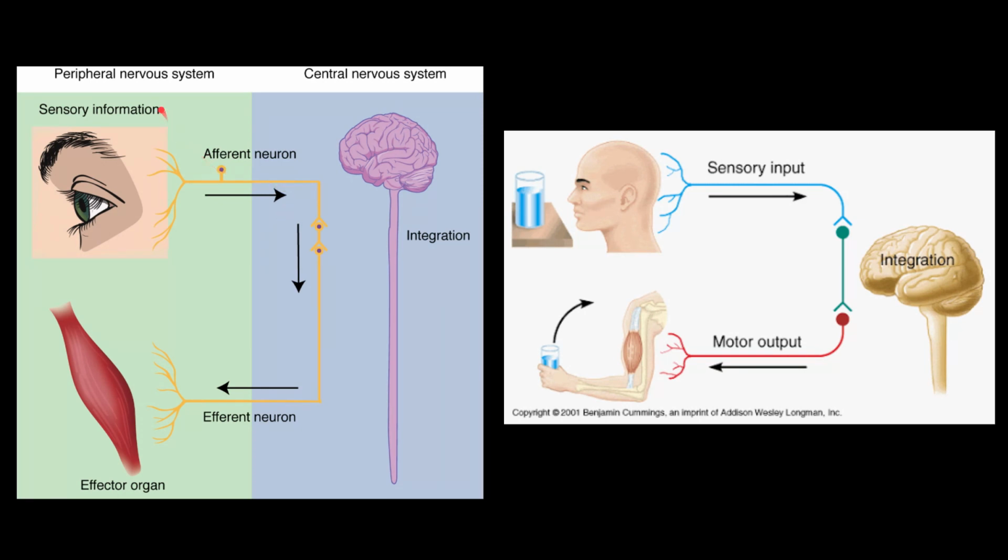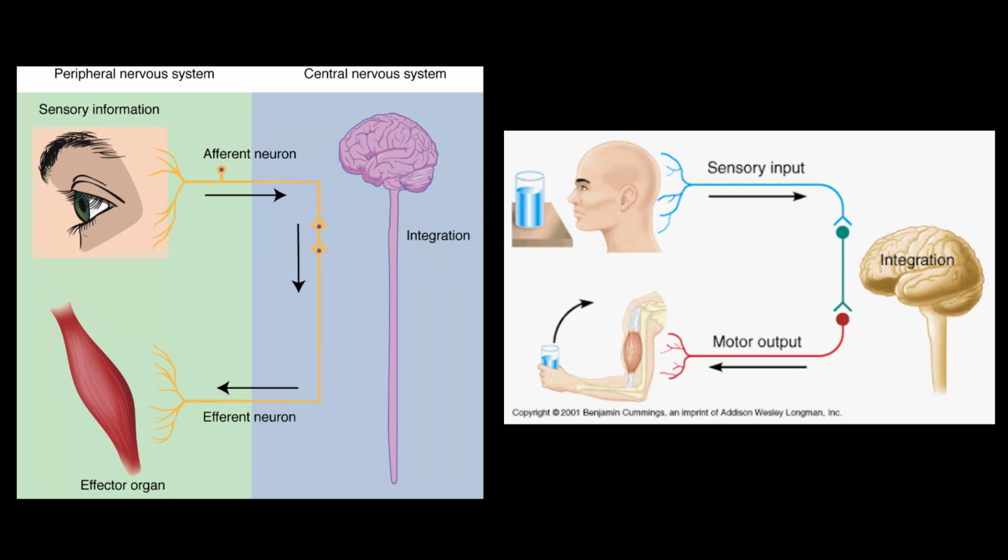So the peripheral nervous system has two main kinds of neurons. One kind of neuron is called a sensory neuron. So what does a sensory neuron do? It basically brings in information from the outside into the spinal cord and brain. For example, let's suppose you take your hand and you place it on a hot stove.